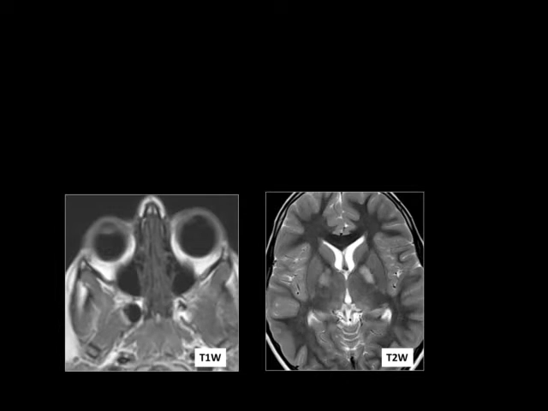Is there asymmetry between the orbits? The right one is smaller, or the left one is bigger? Okay. With this, what do you think? Young male, familial condition.